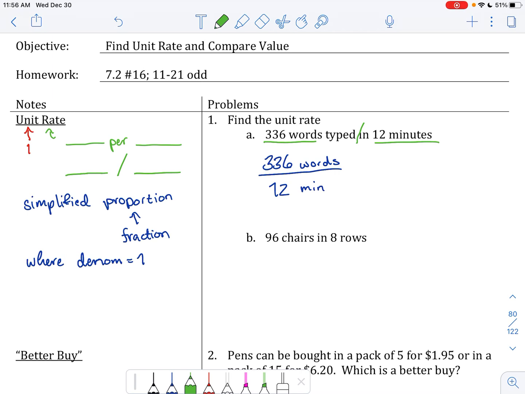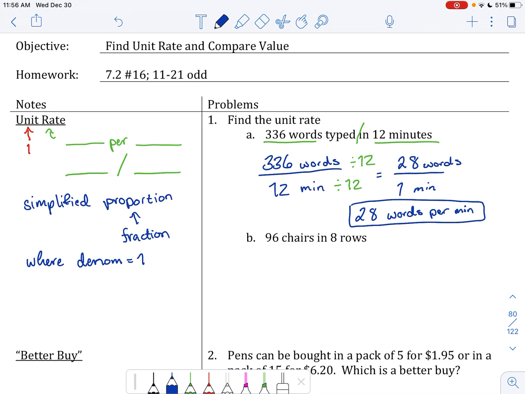Right now the denominator is 12, so I'm just going to divide both by 12. That's going to give me a unit rate since I now have 1 minute in the denominator. And 336 divided by 12 thankfully simplifies very nicely, but it's just fine if this is also a fraction or a decimal. In this case, 336 divided by 12 is 28. Feel free to use your calculator. And so we'd simplify our answer to 28 words per minute.